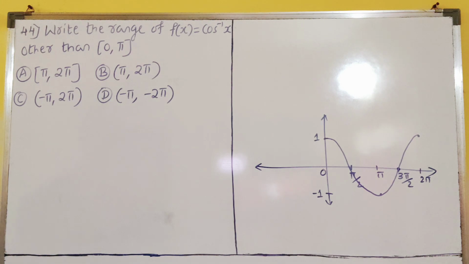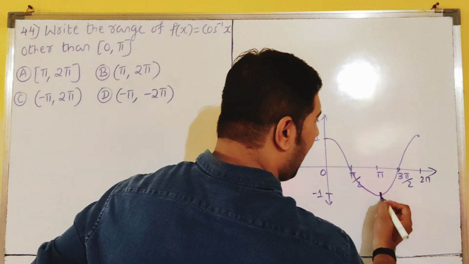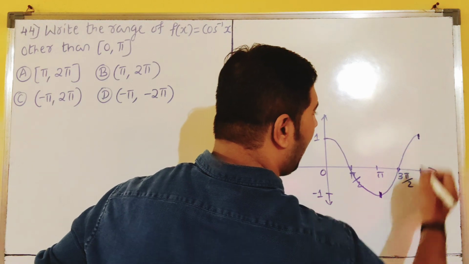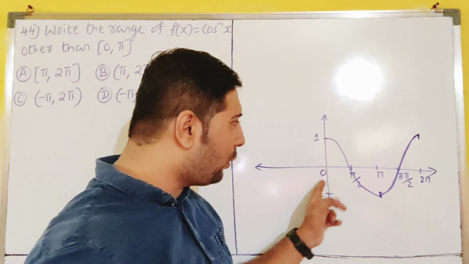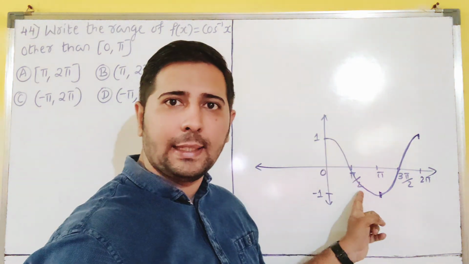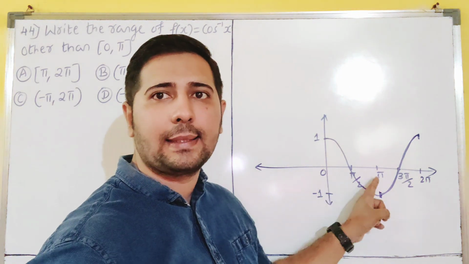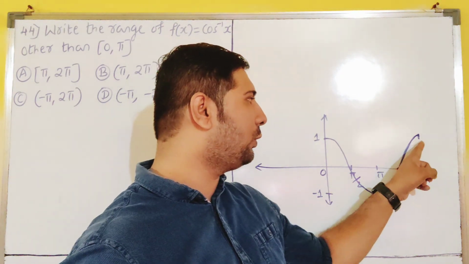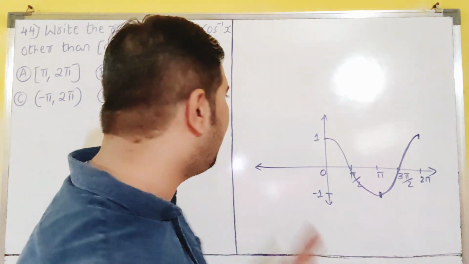Now cos inverse, which angle will it give? This is pi and this is 2 pi. Is it giving the same answer or not? 0 to pi is giving 1 to minus 1. Correct? Then pi to 2 pi is also giving minus 1 to 1. So then this is other than 0 to pi.